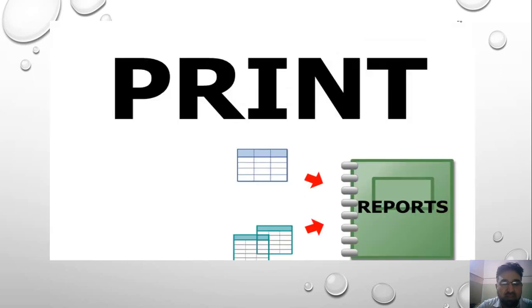And that brings us to the report, which has one clear-cut purpose: it prints information. Reports in general will take information that is stored in tables, or information that is gathered from a query, and that information is sent into the reports.